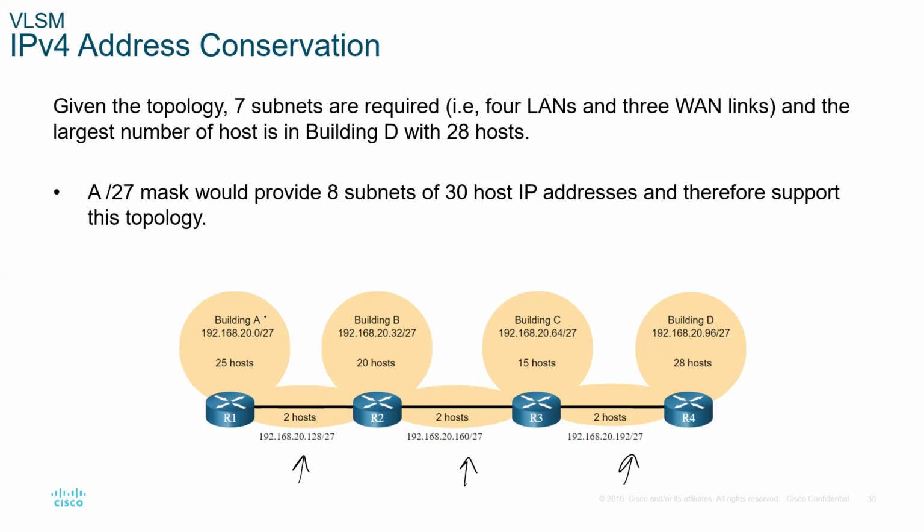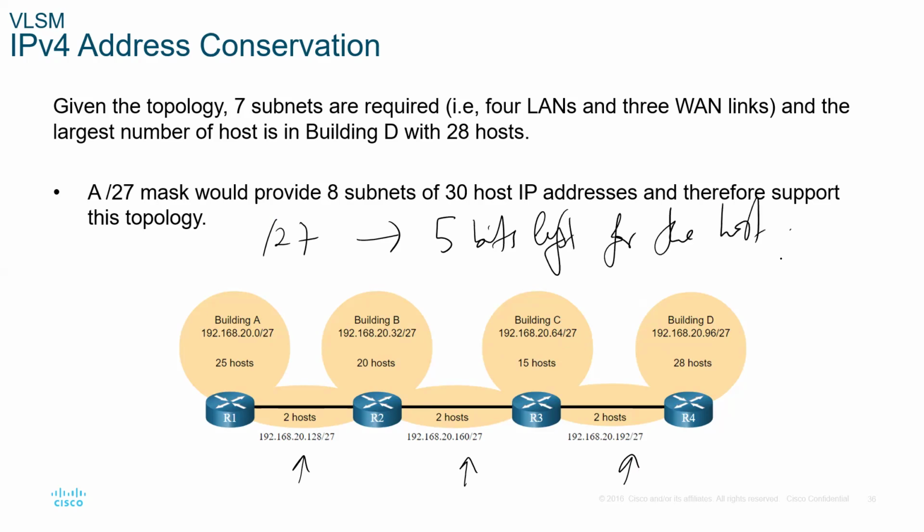All of them have a slash 27, slash 27, slash 27. What does it mean if you have a slash 27? It means you have 5 bits left for the host portion, that is 30 max addresses. 30 addresses that you can create.